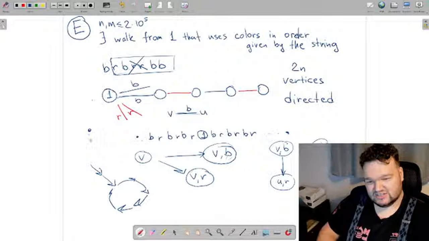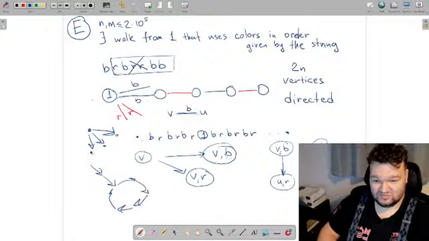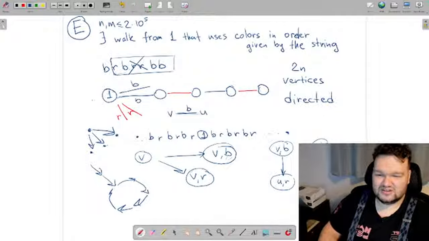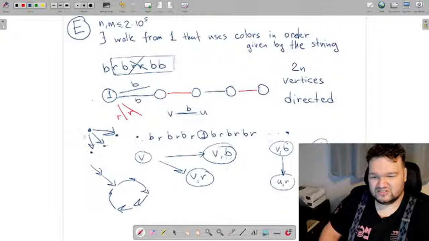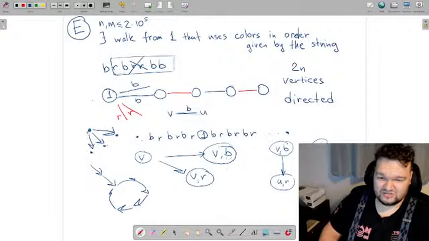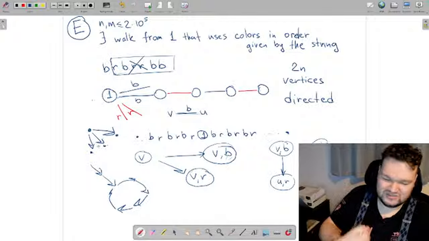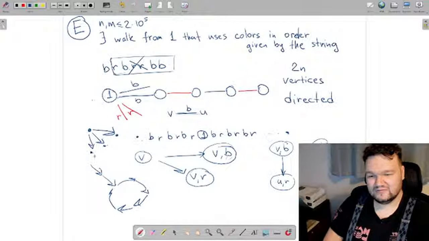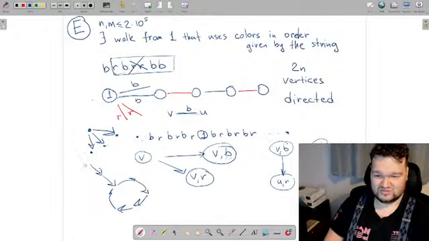If we have a vertex and some directed edges from it, the answer for this vertex is the maximum over answers for all those vertices plus 1. Because basically we are choosing to traverse a longest walk from this vertex. We want to go to one of the vertices we can from our current one, and which one do we choose? The one from which we can continue the longest walk. So the answer is the maximum of those plus 1.